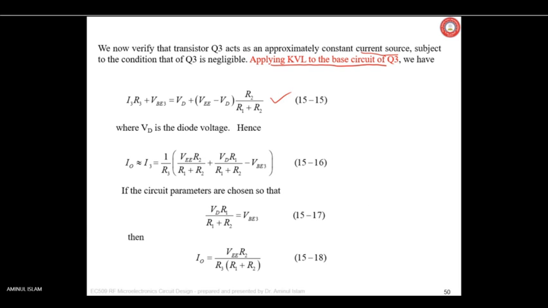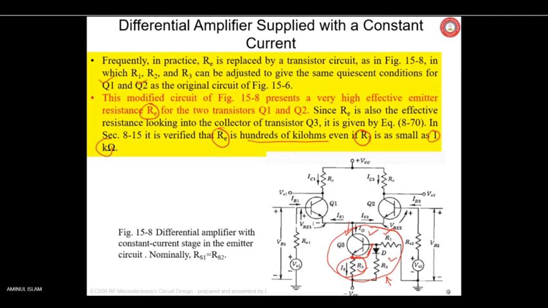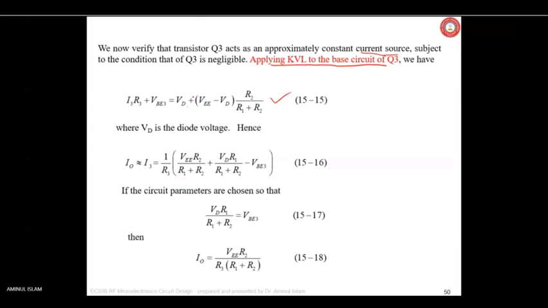Are you getting this point? This is one terminal, its voltage is something, and here a voltage divider kind of thing is happening, and the voltage of this point is considered. Are you getting this equation?